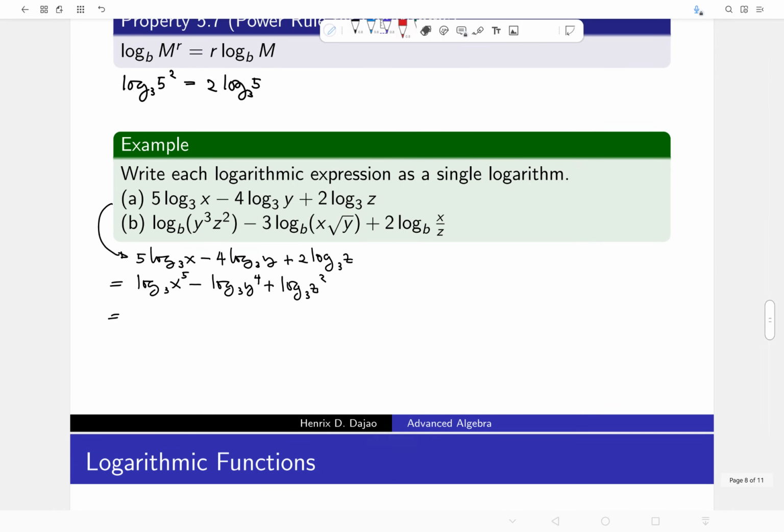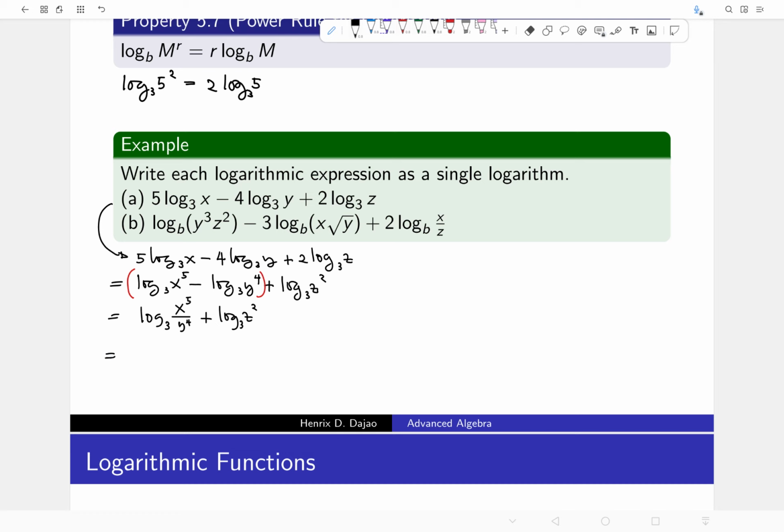So here we will group this one, and after we will group this one, so this becomes log 3 of x raised to 5 over y raised to 4, then copy log z squared with base 3.